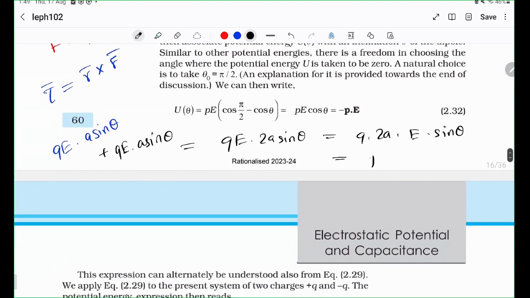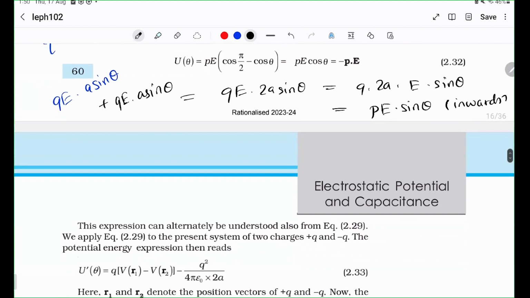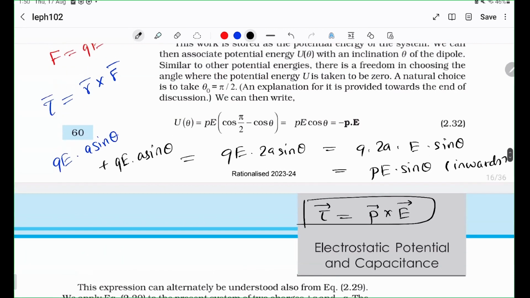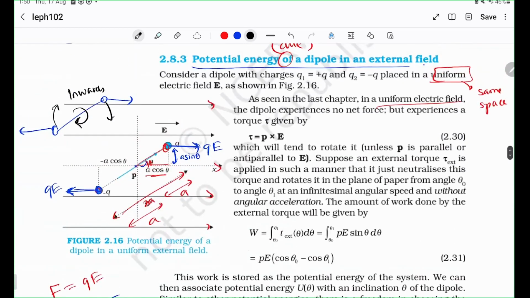But q times 2a is a very nice quantity called the dipole moment. That is why we have defined the dipole moment as q times 2a. So the torque is pE sine theta inwards, and this just so happens to be very beautifully p cross E. So that is how you come to this formula.